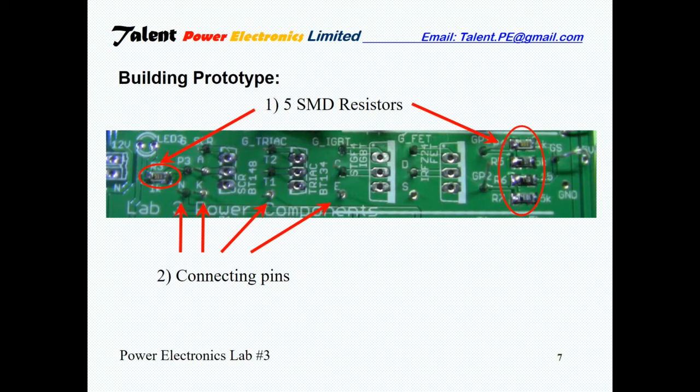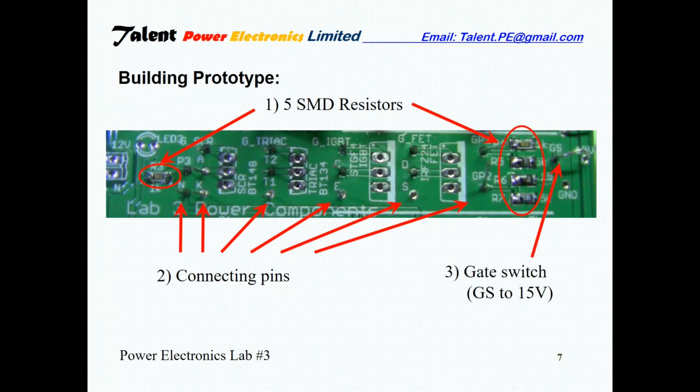For the IGBT, G IGBT, C and E. For the MOSFET, G FET, D and S. For the gate signals, GP1 and GP2. Then solder a gate switch between GS and 15 volts.